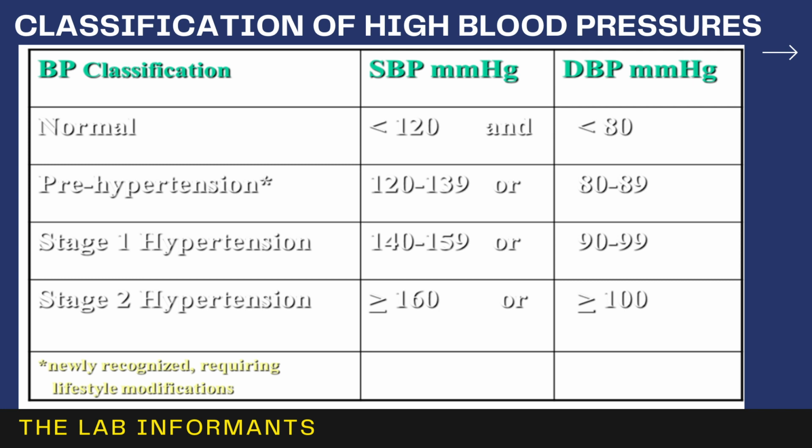Someone is considered to have hypertension stage 1 when their systolic blood pressure is between 140 to 159 and their diastolic blood pressure is between 90 to 99. And stage 2 hypertension is a systolic blood pressure above 160 and a diastolic blood pressure above 100 mm mercury. Stage 2 hypertension is also termed as hypertensive emergency.